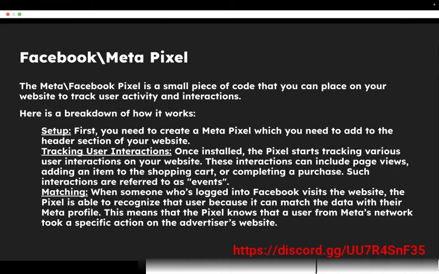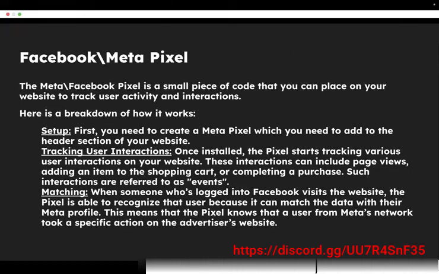So what is the Facebook Pixel? The Facebook Pixel is a small piece of code that you can place on your website to track user activity and interaction. The way it works is, first you need to create the Facebook or Metapixel in the business manager, and then you need to place this pixel in the header of your website.